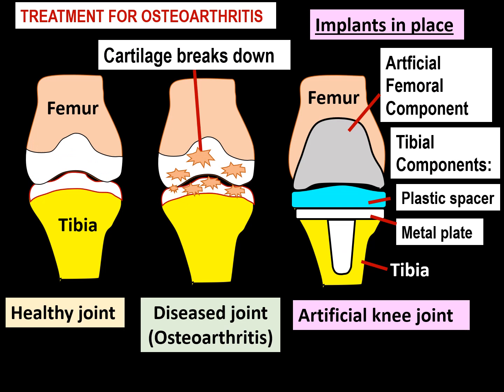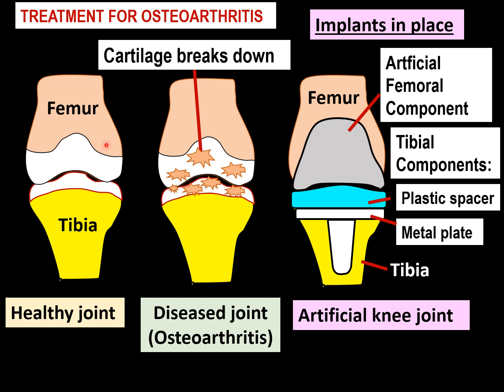Let us look at one treatment for osteoarthritis, the artificial knee joint. The first picture shows you the knee joint, with the femur forming a joint with the tibia below it. So at the knee, this part is the knee. We can see that there's a thick layer of cartilage, the white part, at the bone ends, which helps to reduce friction at the joint.